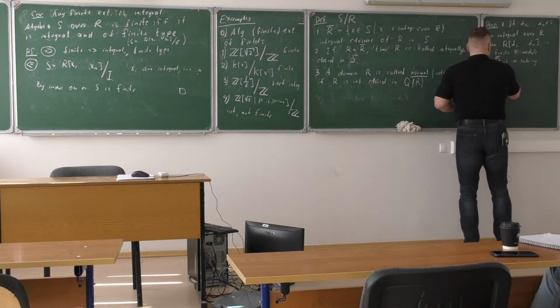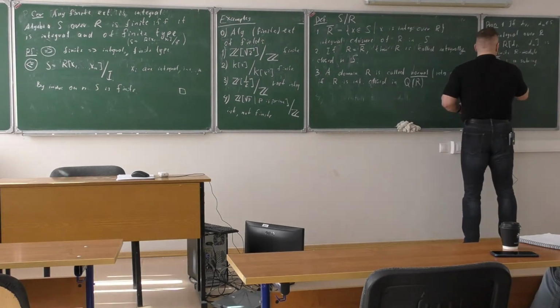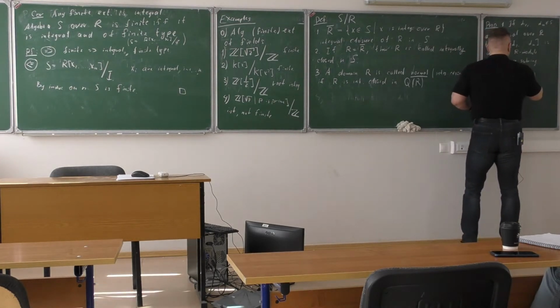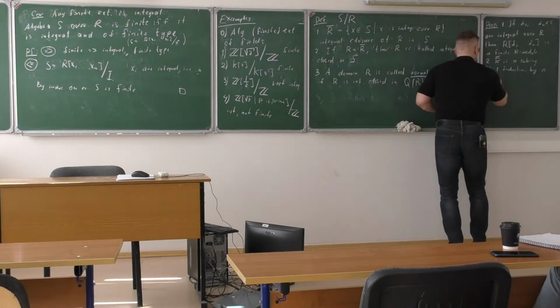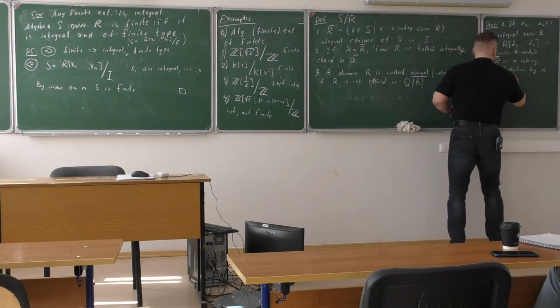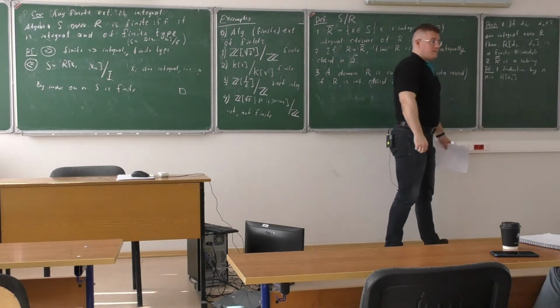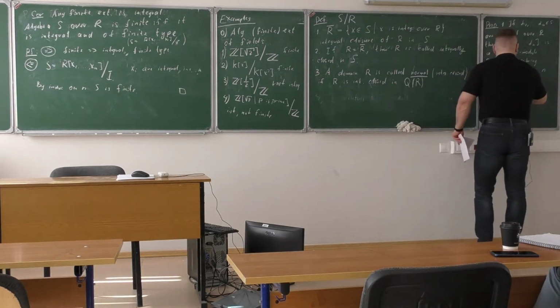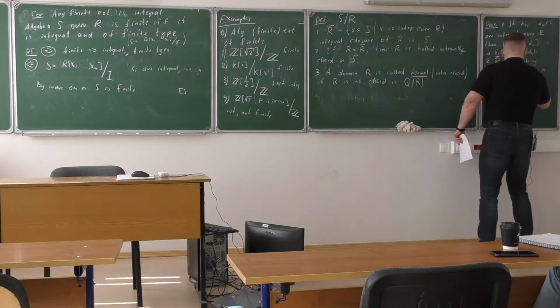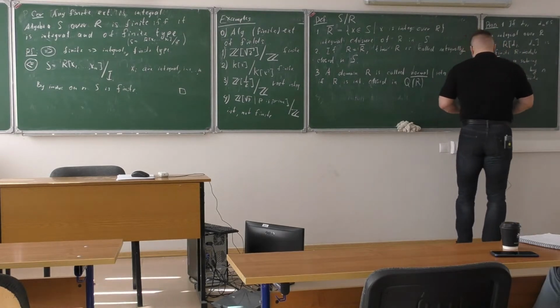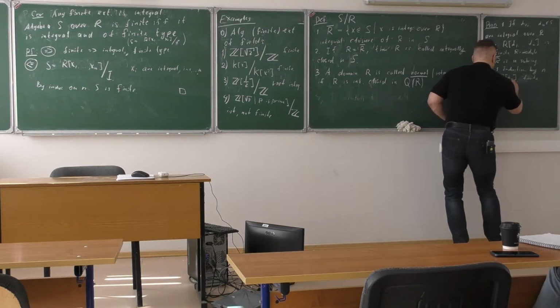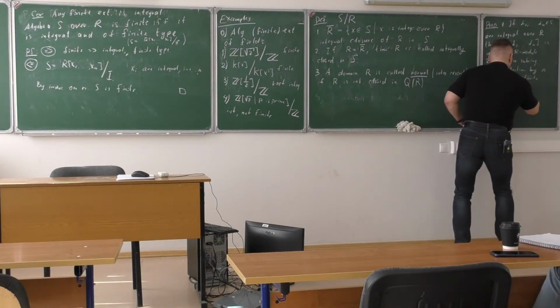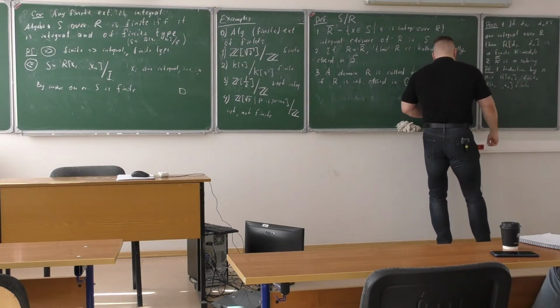Okay, so the proof of the first part is again induction by n. For n equal to 1, we know by our proposition that this is finite. Now let's consider the situation where we already know that up to alpha k, this is finite, and I want to add one more element.